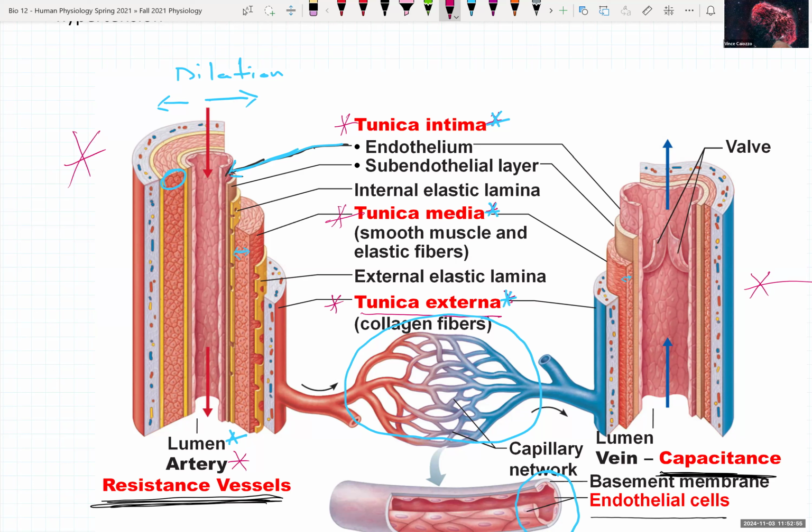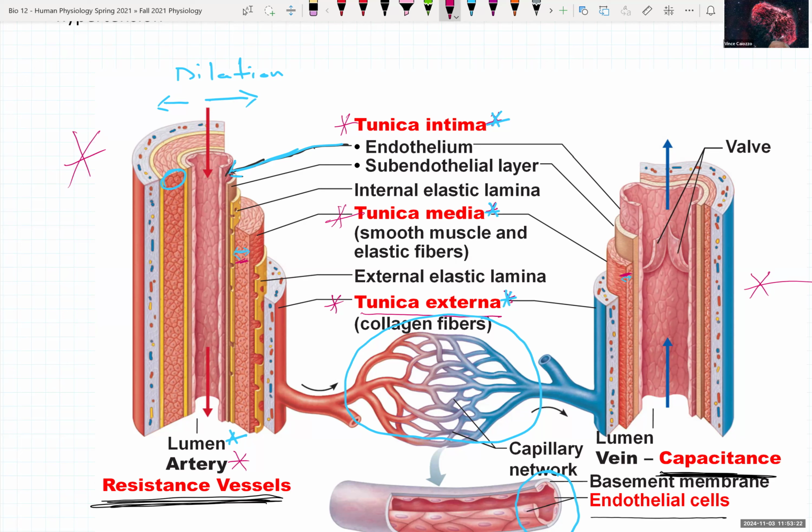If you compare what you see on the left in terms of the structure of the artery with that shown to the right, you'll notice, number one, that the thickness of the tunica media is much less. That's highlighted right here, as opposed to over here in this light blue arrow.